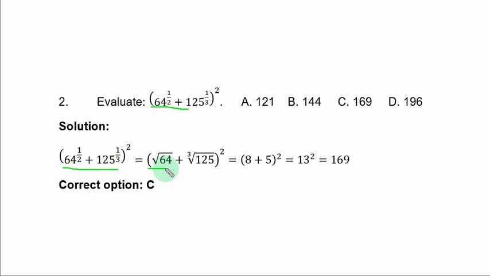Power of 1 over 3 simply means cube root, so you have cube root of 125 all squared. So for 64, the square root is 8. For 125, the cube root is 5. When you add, you have 13 squared, which is equal to 169. C is the correct option.